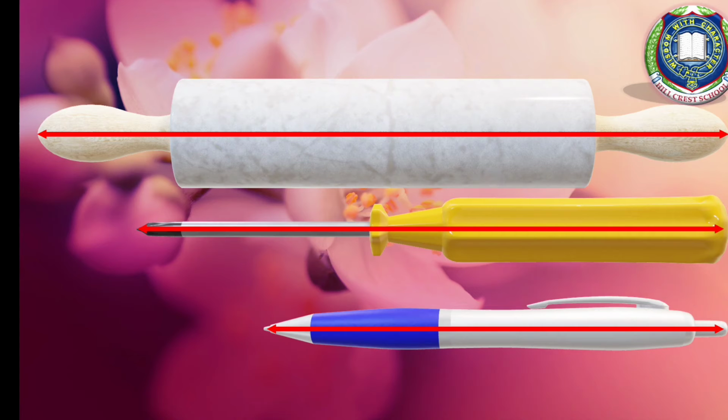In terms of shortness, a screwdriver is shorter than the rolling pin, and the pen at the bottom is shorter than the screwdriver. But we can also say that the rolling pin is the longest of all three things, and the pen is the shortest.